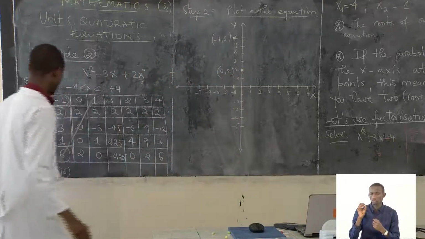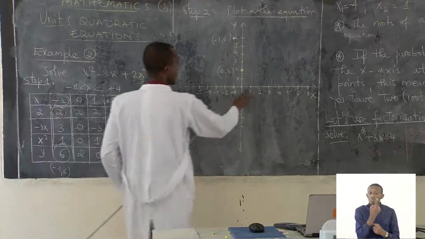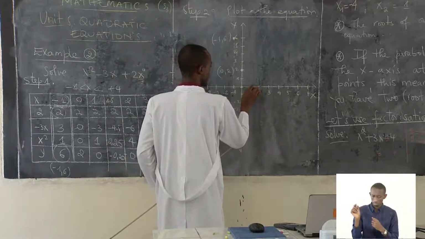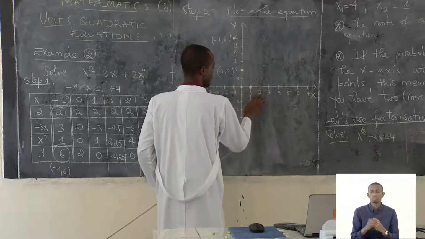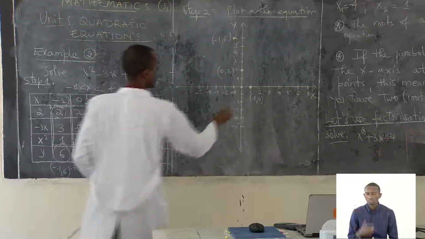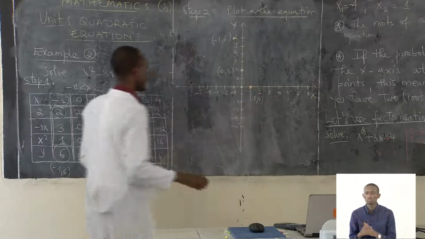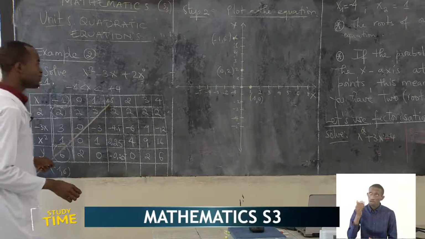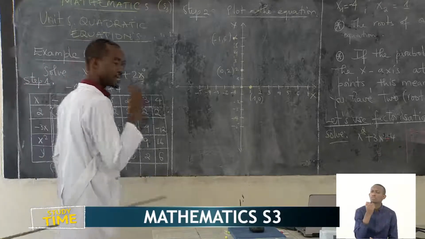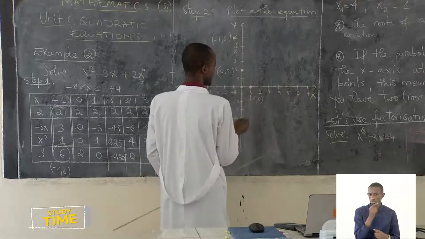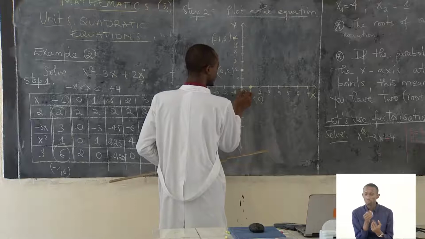The other point is 1 and 0. 1 on x and 0 on y. This is the point. It's better to use a different color. You have this one. The other point is here. 1.5 on x and negative 0.25. 1.5 is in the middle of this, and the negative 0.25 goes over here, down.